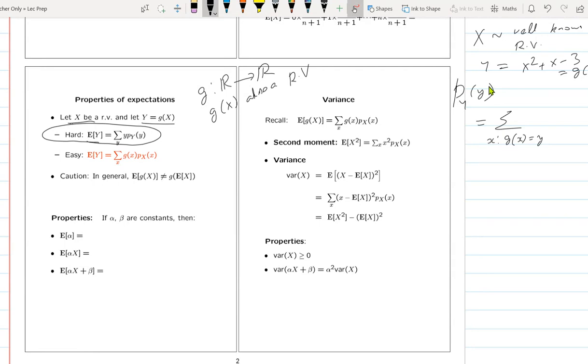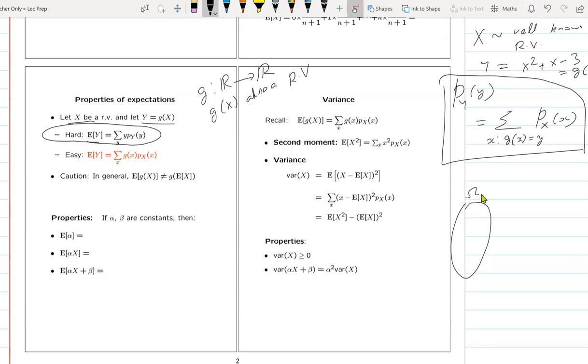And for all of them, you just sum. Is this formula clear? So you had the random variable x. This is the sample space and this is the real numbers. The random variable x maps the sample space to the real numbers.